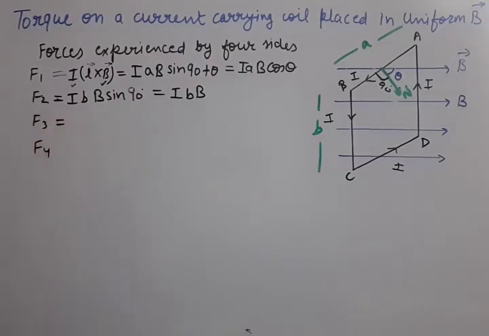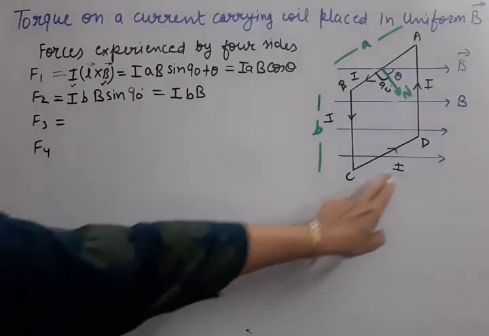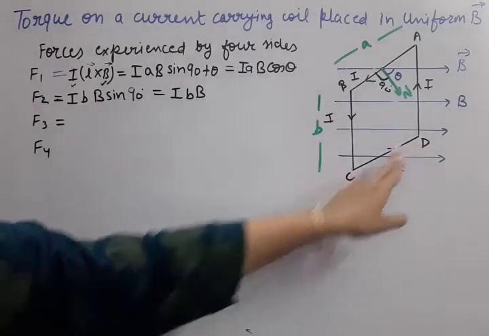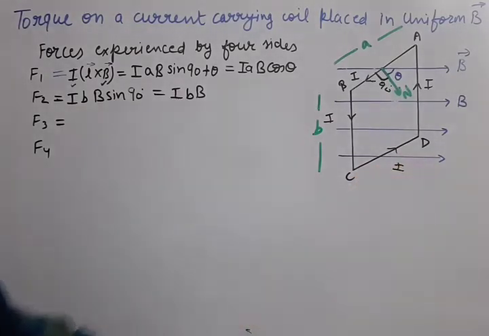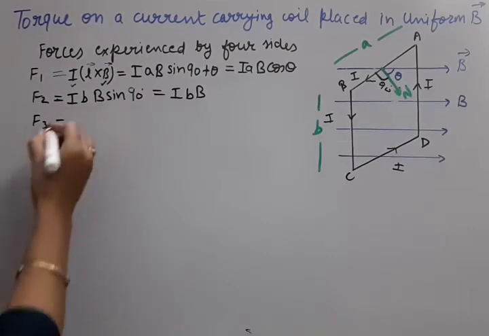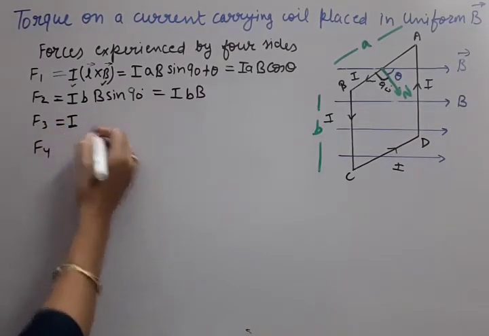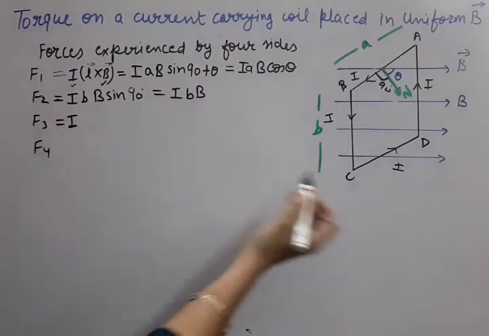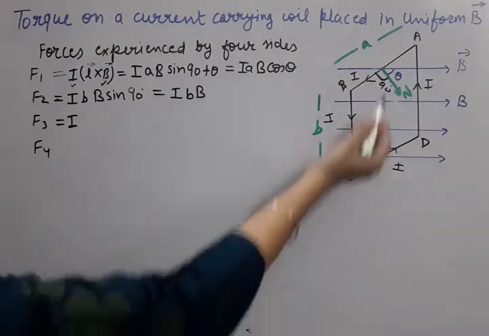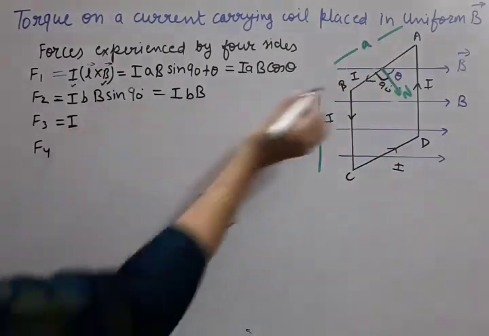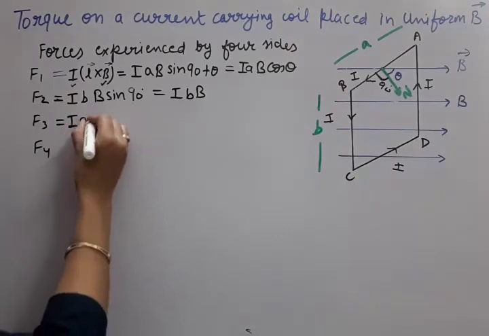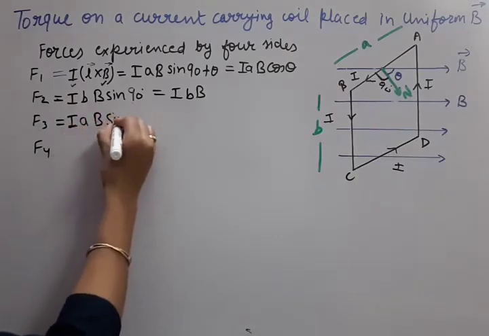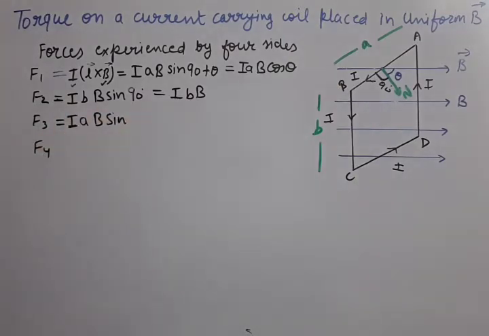Let us now solve the force on this third side CD. By the formula IL cross B. Now the length of the conductor is the same as A, since they are parallel sides. So IAB sine angle. Now what is the angle here between the current and the magnetic field?